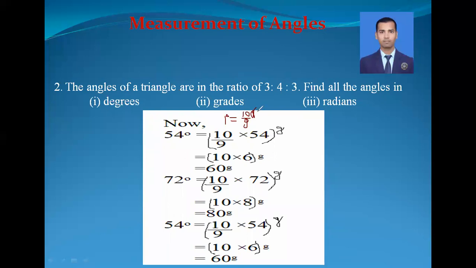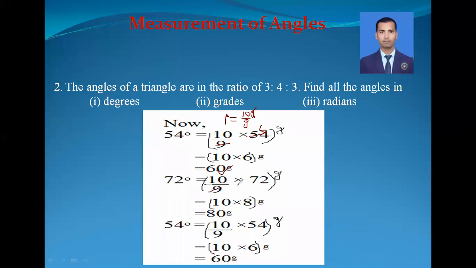In this way, 54 degree is equal to 10 by 9 into 54. After cancelling, 9 6s are 54, so that is 10 into 6 grade, that is 60 grade. Then 72 degree is equal to 10 by 9 into 72.